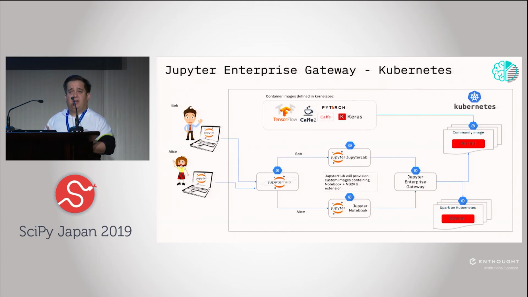For managing the user set, we also have integration with Jupyter Hub. Remember that in the past we said Jupyter Notebook is a single user environment. So Jupyter Hub enables you to bootstrap or spawn a new environment for each user.